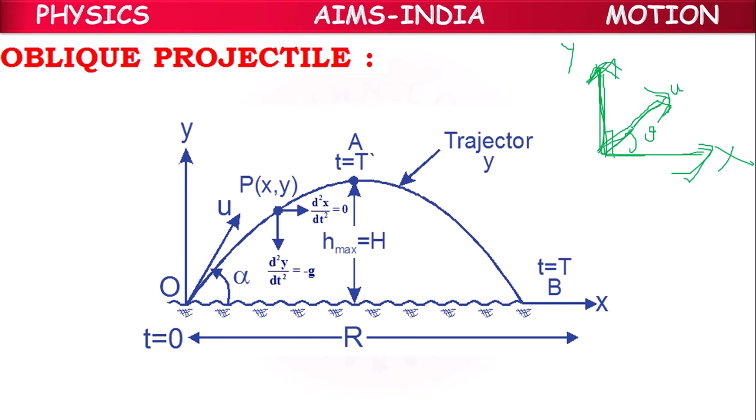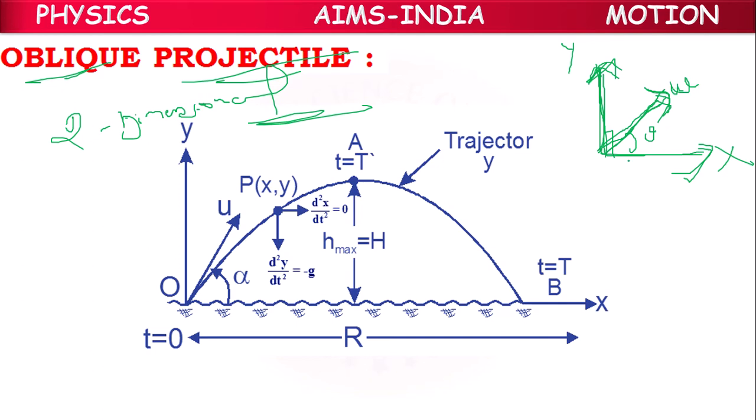So u can be resolved into two components, because an oblique projectile is a two-dimensional motion. It has two components which are independent of each other. Suppose the velocity is 40 meters per second: some part will work in the direction of x, and some part in the direction of y.